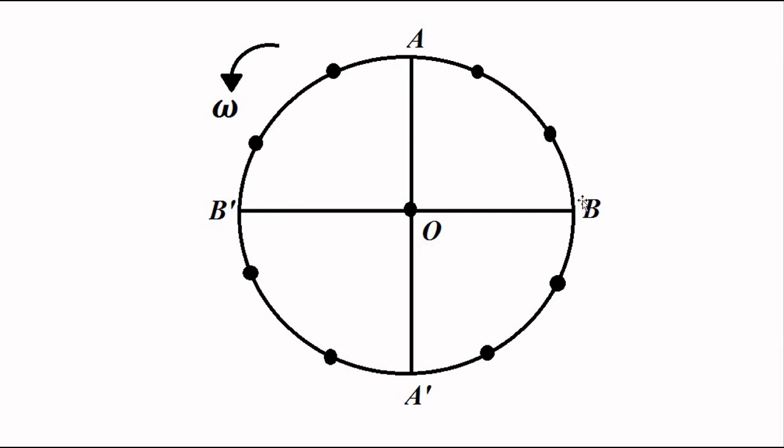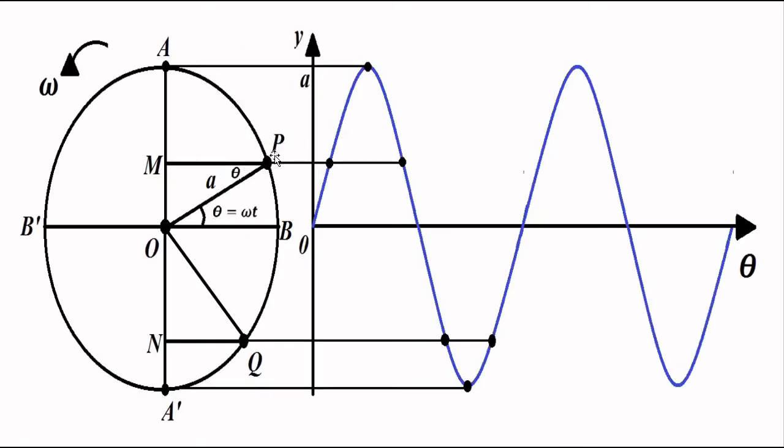Another important thing which we also discussed is the correlation between uniform circular motion, that is the movement of a particle around a circle along the circumference with a constant angular velocity, and how we can relate it with simple harmonic motion. We tracked the position of the particle on the circumference, then we drew a perpendicular from that point to the diameter of the circle, and where the perpendicular touches the diameter, we measured that position from the center.